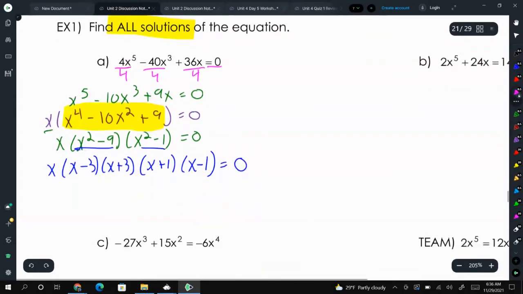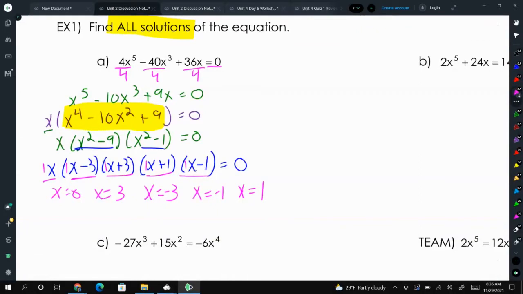And since all these are 1x's in front, it becomes very easy. We can just say x equals 0, x equals 3, x equals negative 3, x equals negative 1, and x equals positive 1. So we have 5 solutions in this quadratic equation, or this polynomial equation.